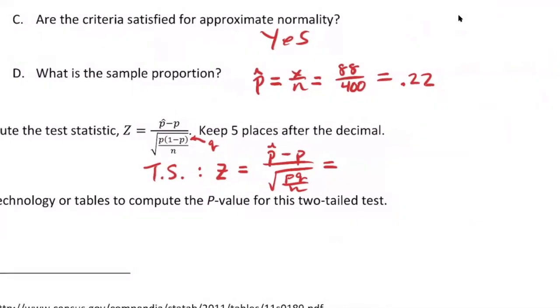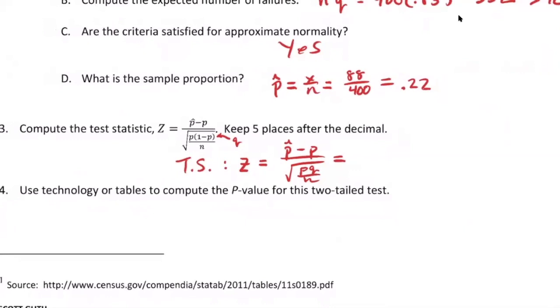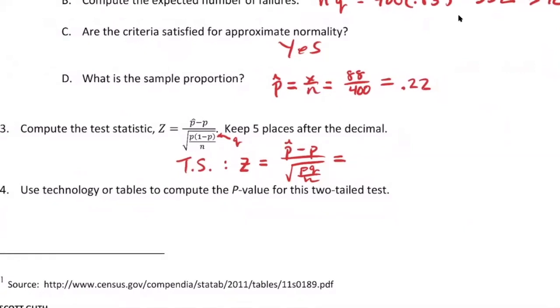Both of these formulas work, but the one you recognize is the one I just wrote. Okay, so anyway, p hat was 0.22, p is 17%, 0.17. And then over p, 0.17 times q, 0.83, I think, over n.